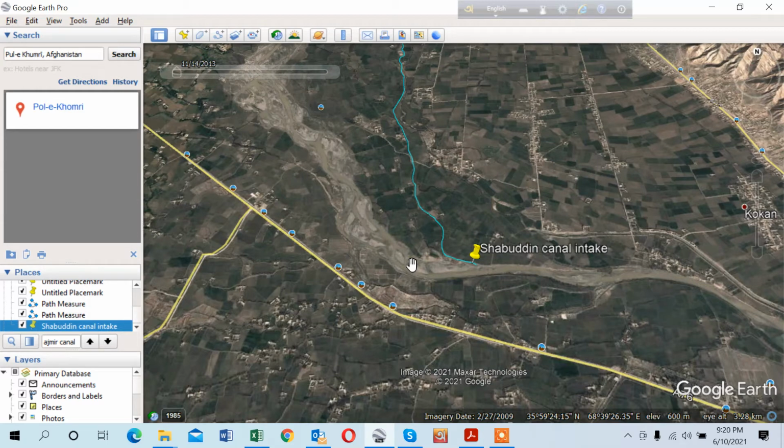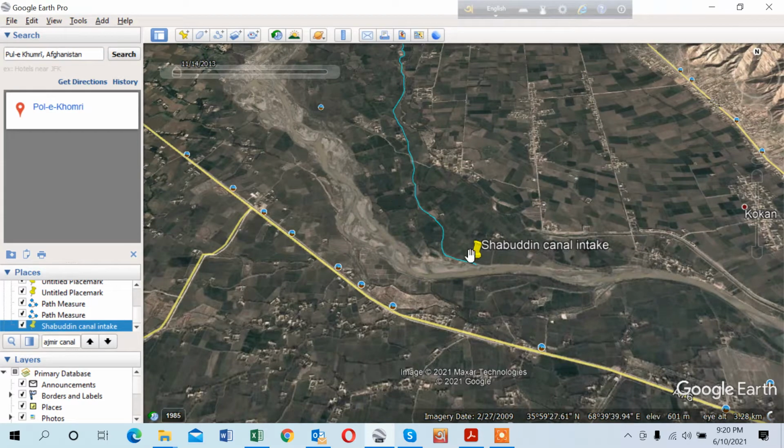First of all, when you want to plan an irrigation canal intake, you have to know the low water level and the high water level of that area. You will know it from the hydrological study: low water level and high water level, and also low flow discharge and high flow discharge at that location.